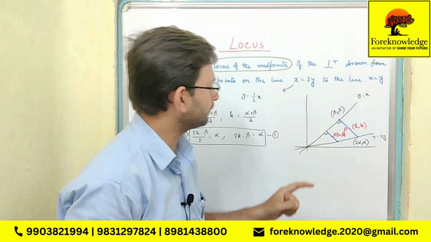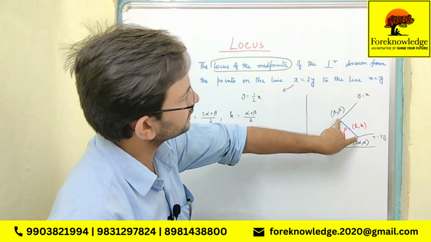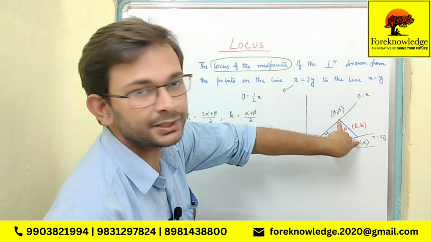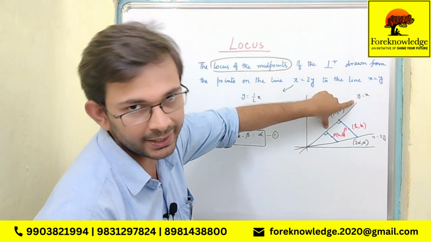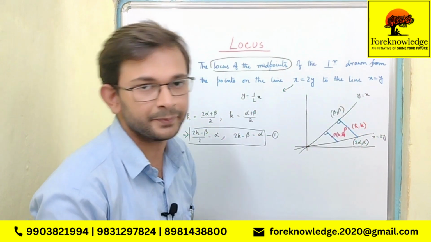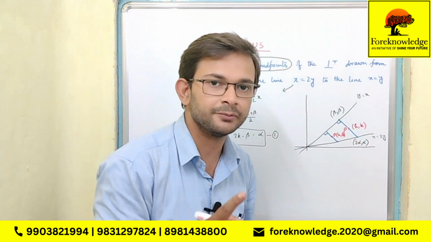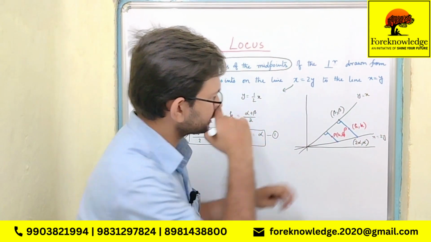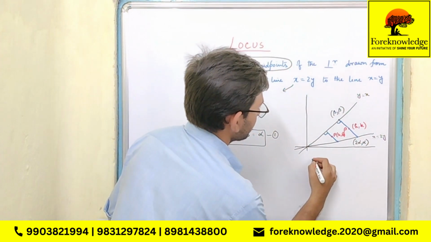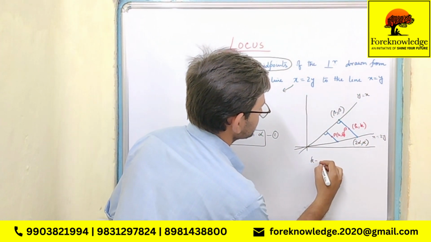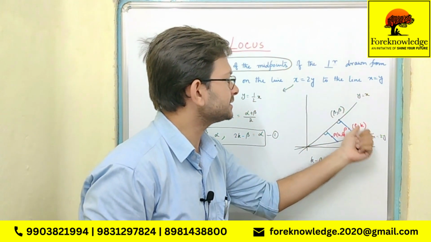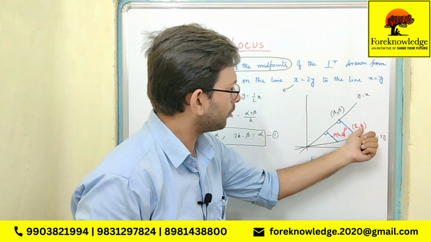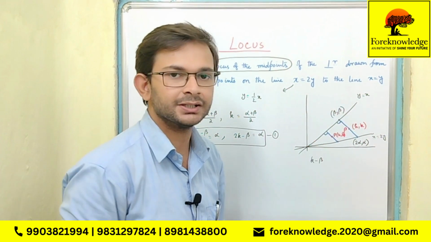So the slope of this connecting line into the slope of y equal to x, since they are perpendicular, the product of their slopes will be minus 1. How do we find the slope of a line passing through two given points? y2 minus y1 by x2 minus x1.